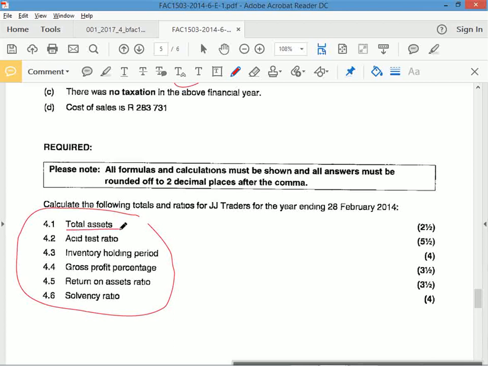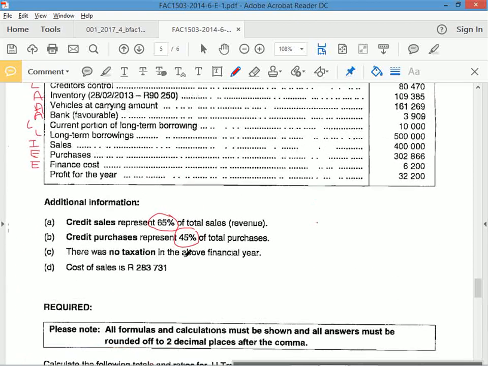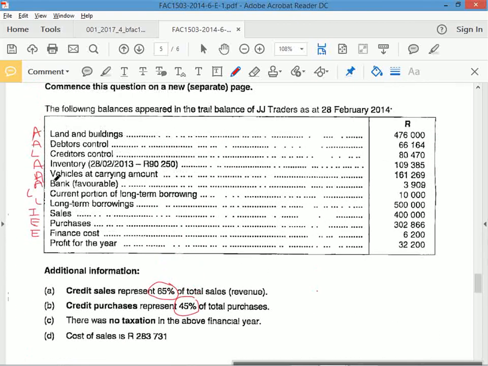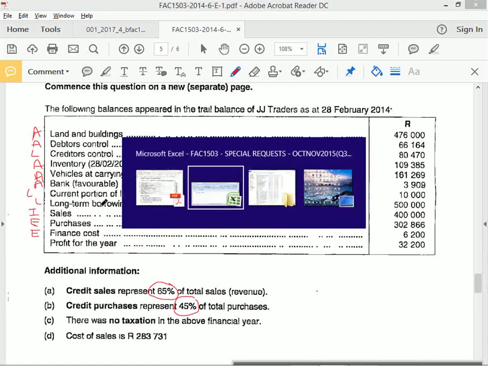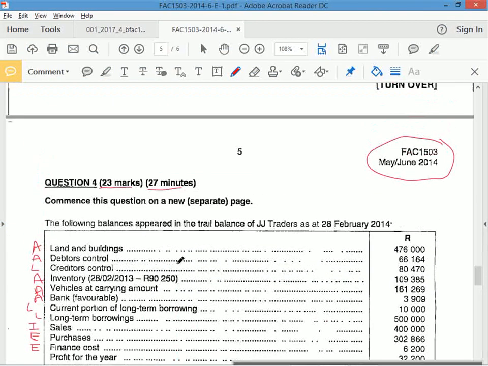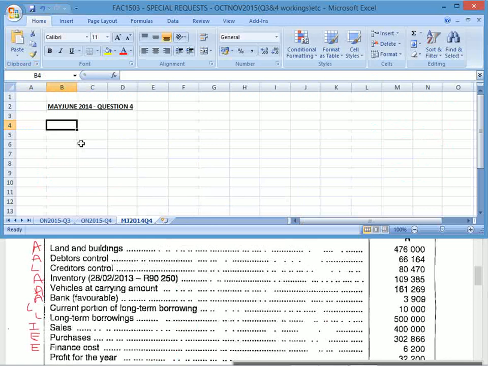4.1, total assets. So what must I do? I need to go back to the question, and I need to add up all my assets. So total assets equals, let's add up.